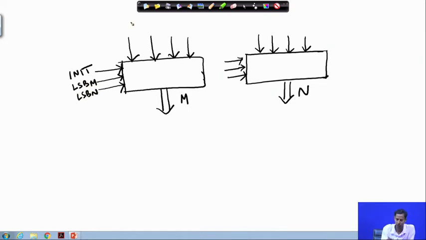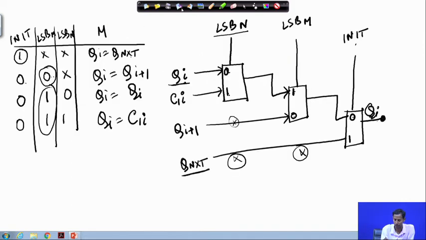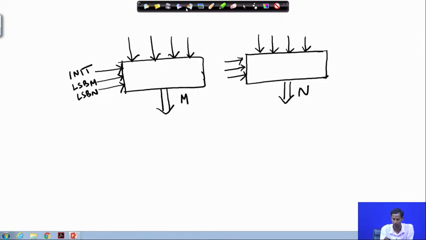So, here the first is Qi, then C1i, then Qi plus 1, and then Q next. Then the corresponding bit position you have to select.